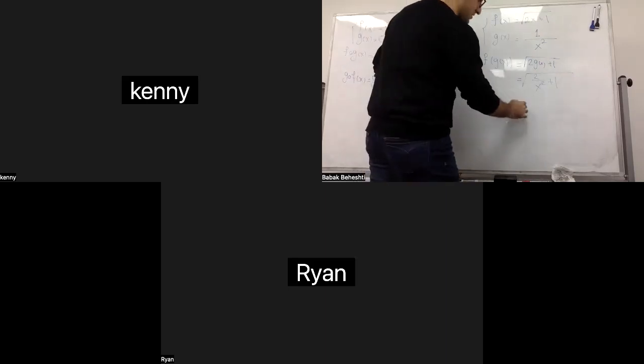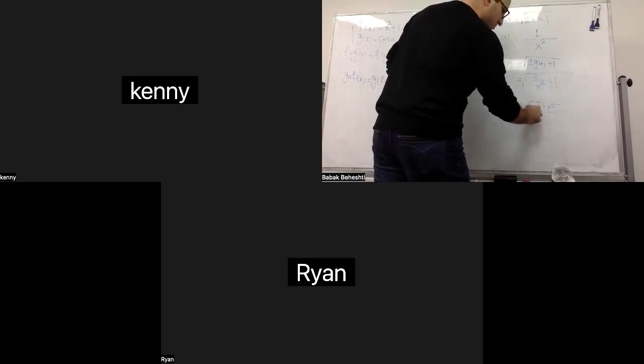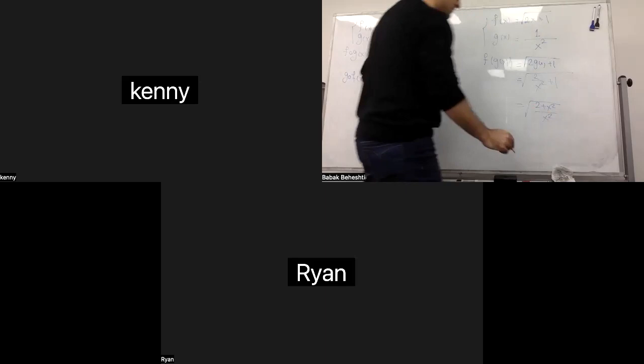And if you simplify this, you get square root of 2 plus x squared over x squared.